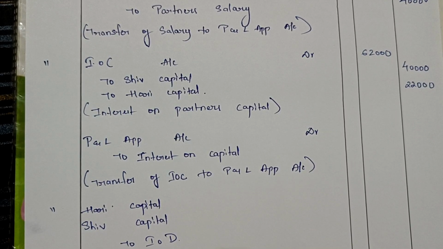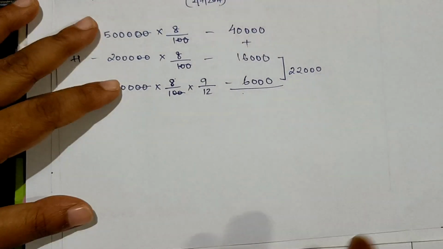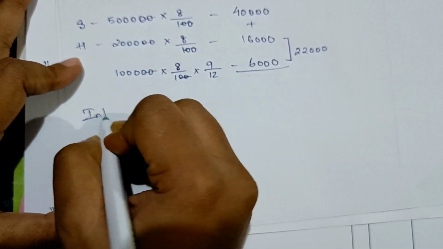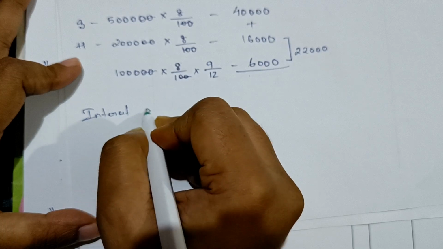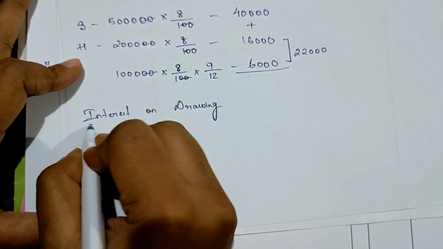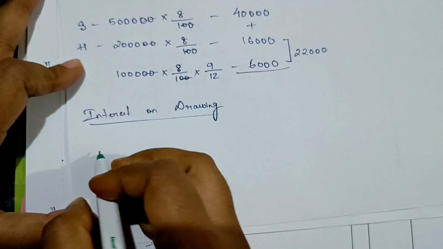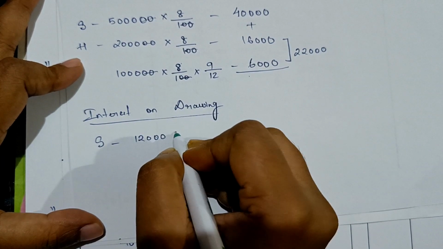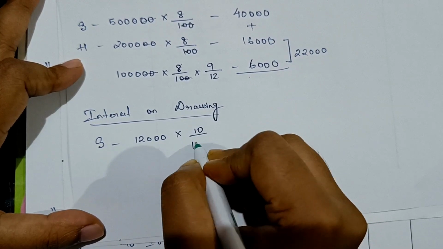Here drawing will be for 6 months. Shiv has drawn 12,000 rupees at 10%.